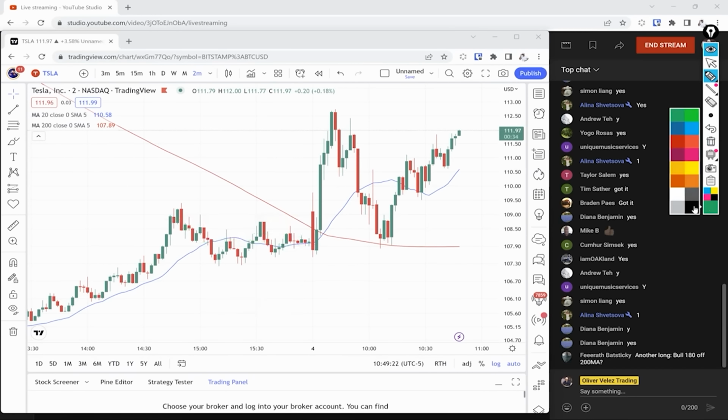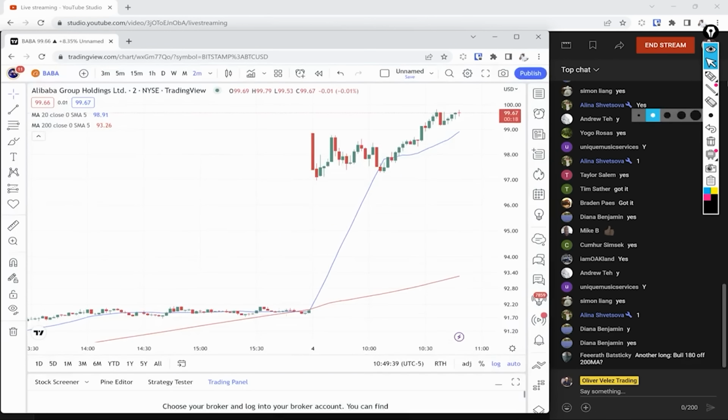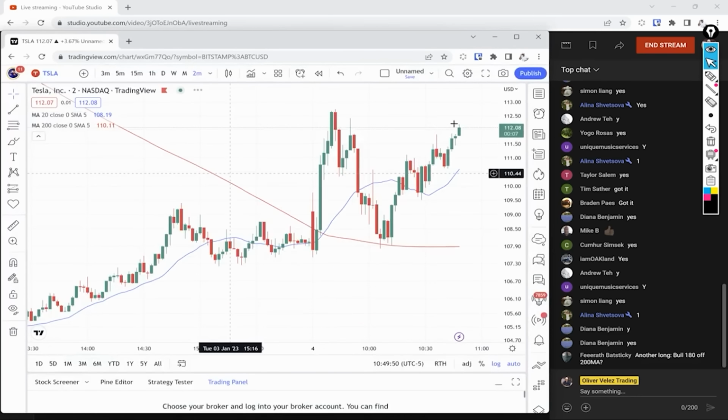Here in Tesla, you have the stock relatively flat, the 20 relatively flat, but the 200 not flat. It's not quite as ideal as the Baba, where almost everything is flat. So that's important to note as well. But anything that's surging out of a narrow state, I can give a shot at.